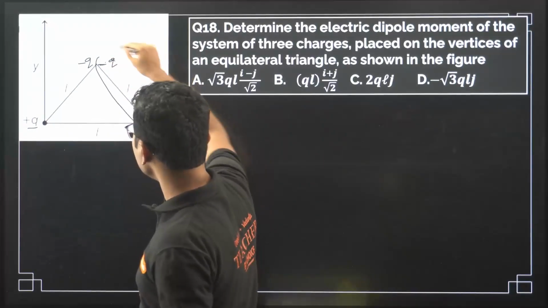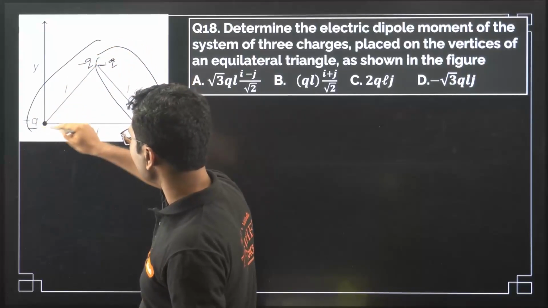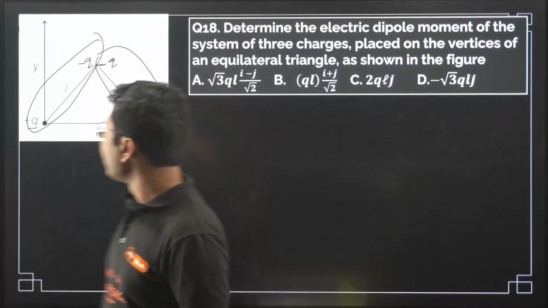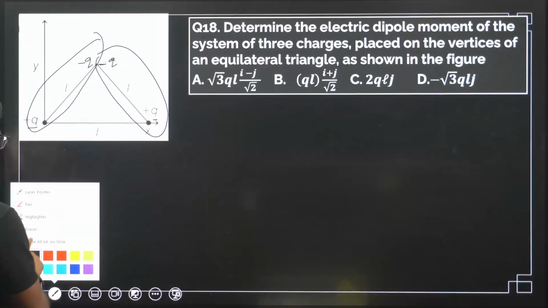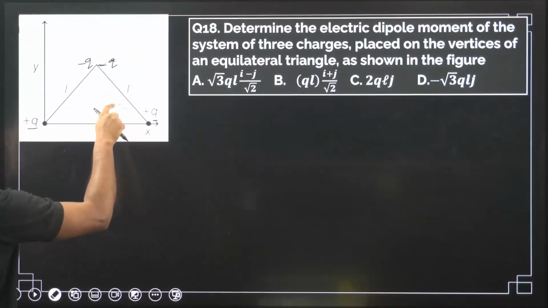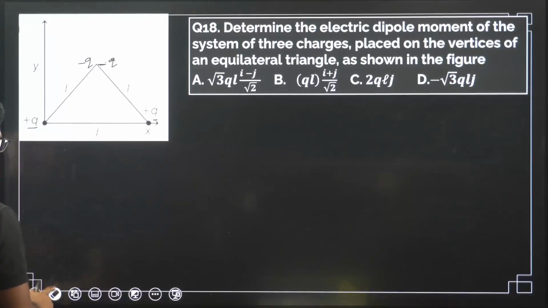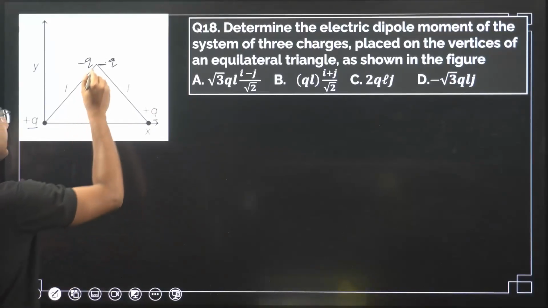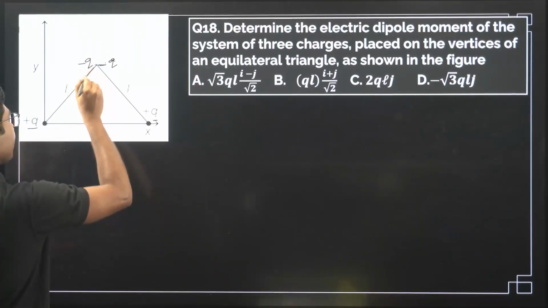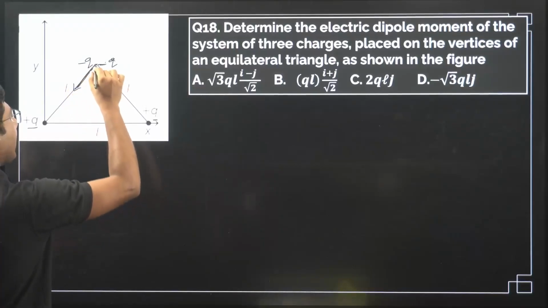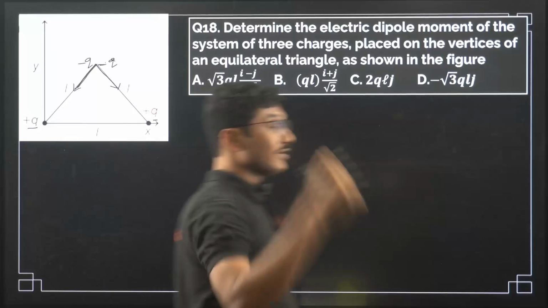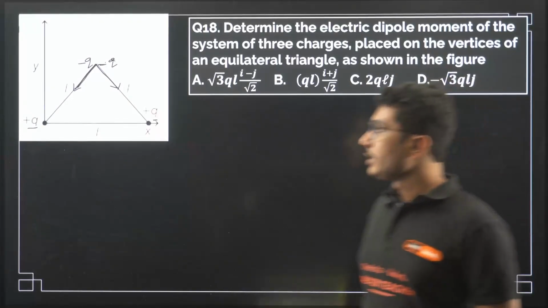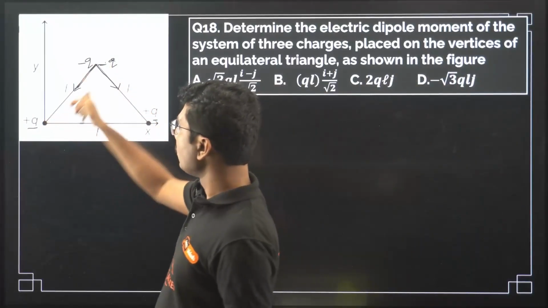This is a dipole, this is another dipole, and we will find the dipole moment of the individual dipoles. The direction of the dipole moment is from negative to positive. So this is one, this is another. Both of them have equal amounts of charge: minus q plus q, minus q plus q.